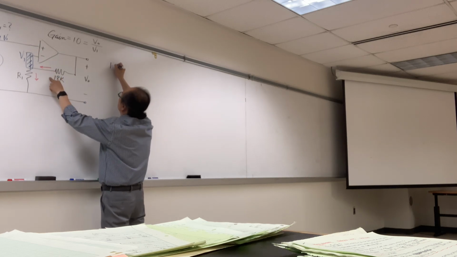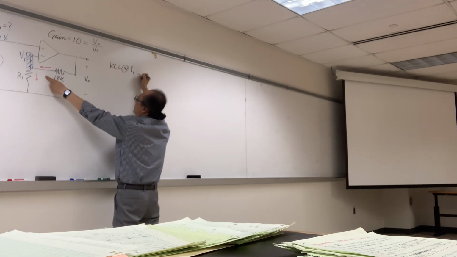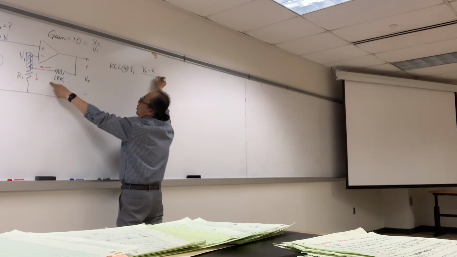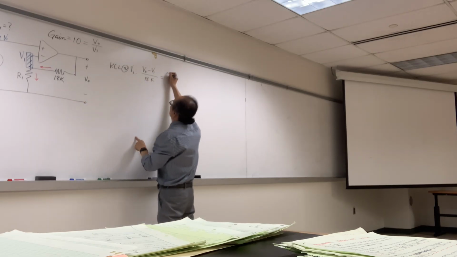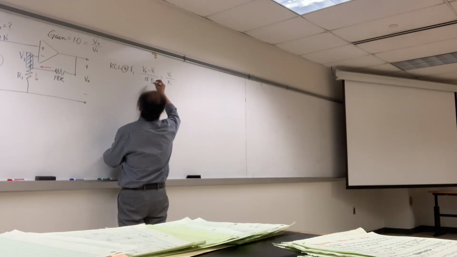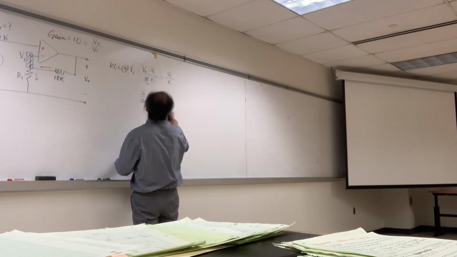Then this current first. We're going to do KCL at V1. Entering, that is V out minus V1 over 18K. That should be equal to V1 over R1. Now I'm going to separate this guy, and we have V out over 18K, and at the same time we're going to move this to the left side.